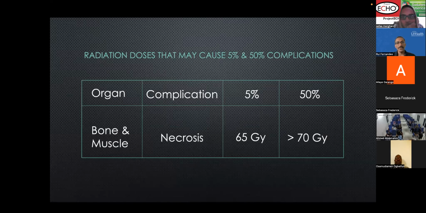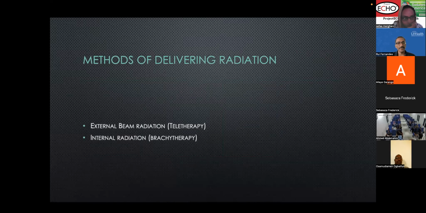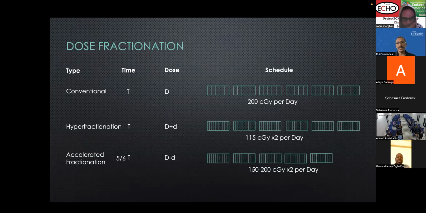Now, how you deliver the radiotherapy is important as well for us to understand, particularly from the surgical perspective. Typically you look at both the dosage as well as the timing. The conventional is 200 centigray per day, as you can see here, divided over 6 weeks.